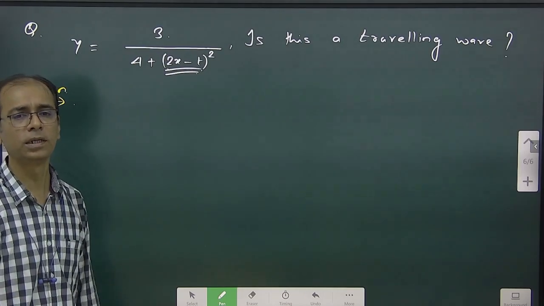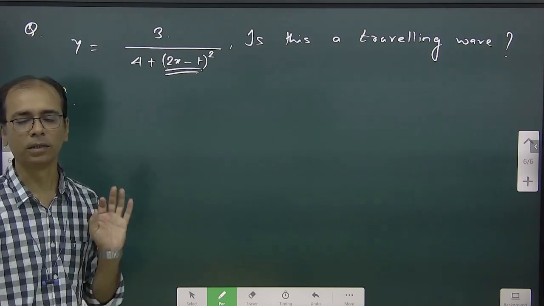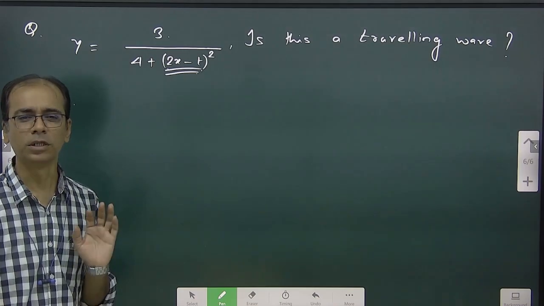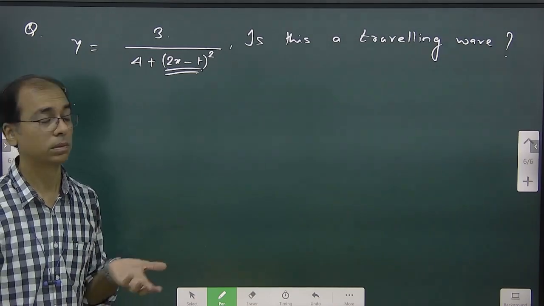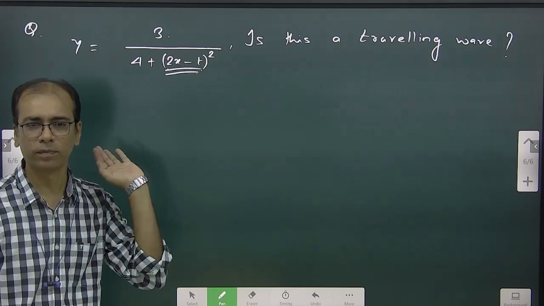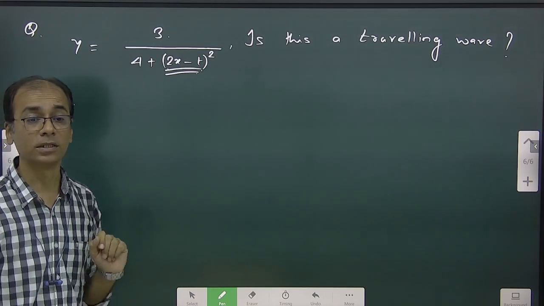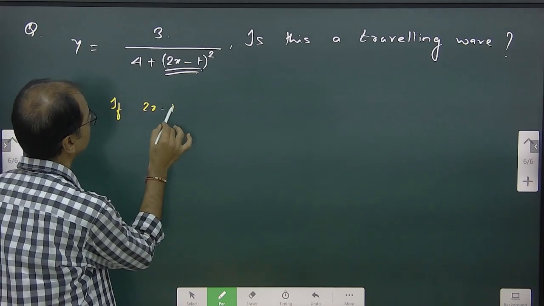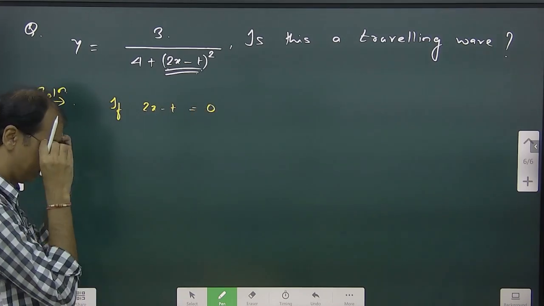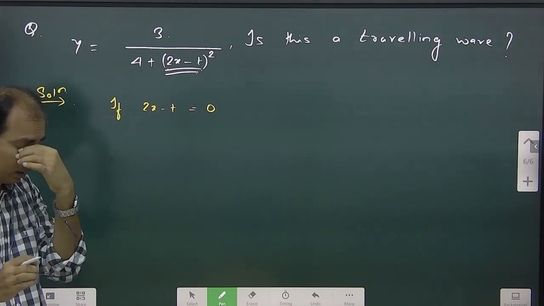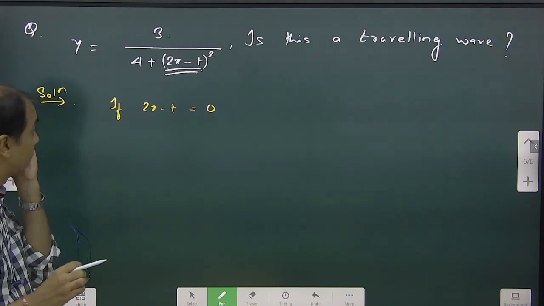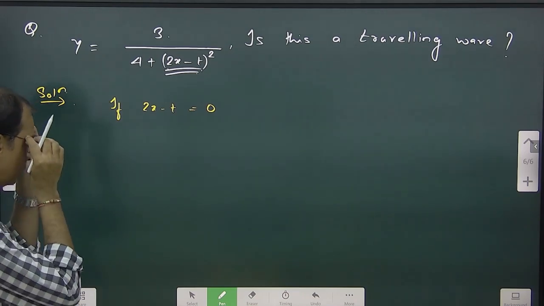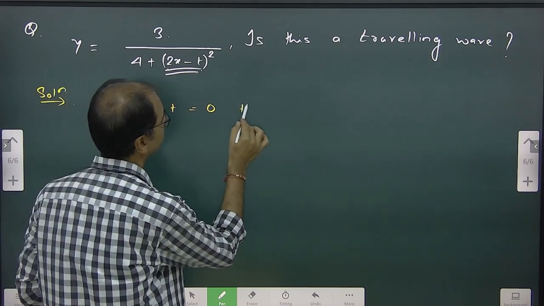So suppose 2x minus t becomes 0. It's a square, so it cannot go negative. If 2x minus t is 0, then is y defined there? Answer is yes. Y value comes out to be 3 by 4.